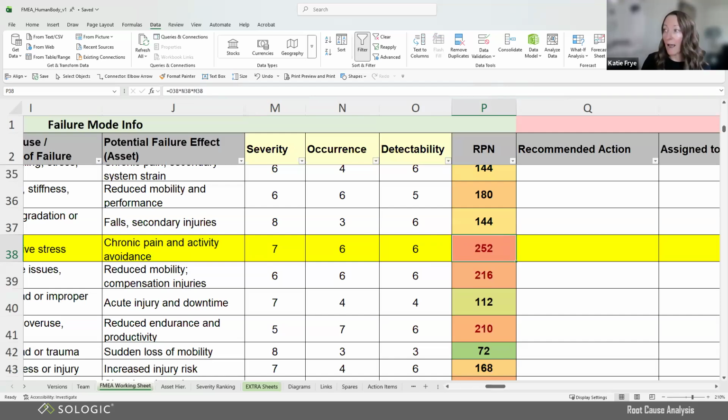So ideally, after you do each row's severity, occurrence, and detectability, you get this RPN number. You'd want to come and sort on this column so that you get the highest risk events up top. And then you get to look at that list, and then it's up to each organization to decide how they're going to mitigate these.